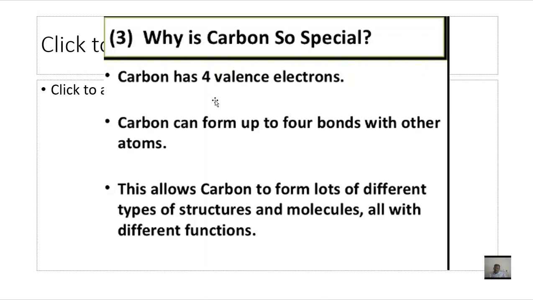Carbon has 4 valence electrons. These 4 valence electrons can form bonds with other atoms. Because of that, this allows carbon to form lots of different types of structures and molecules with different functions. Each one has a different structure and a different function.